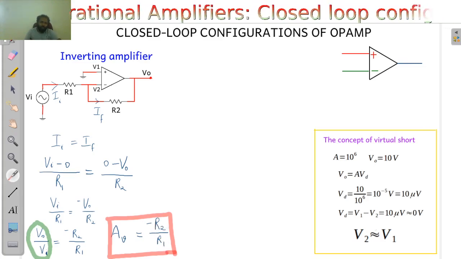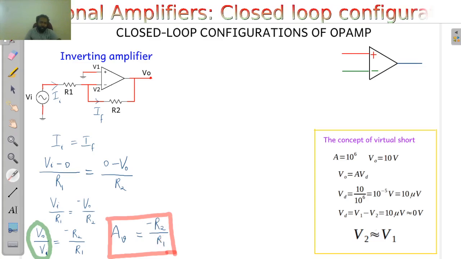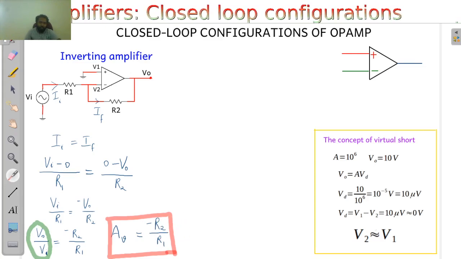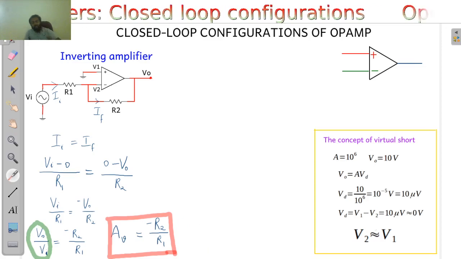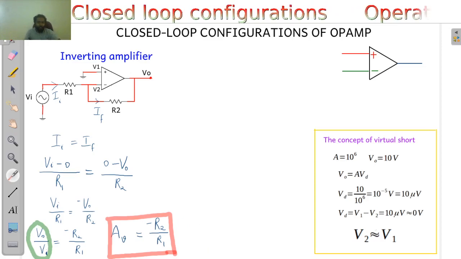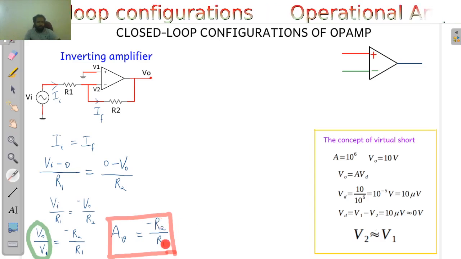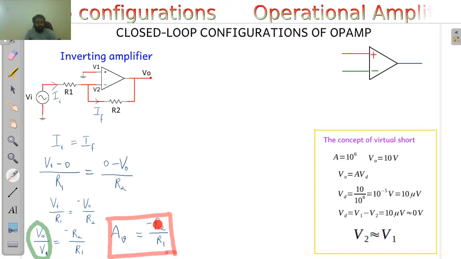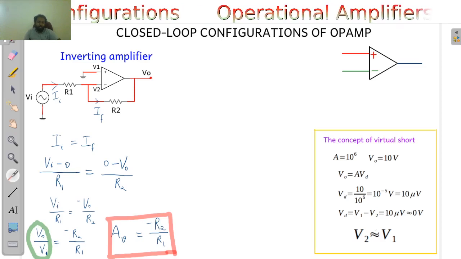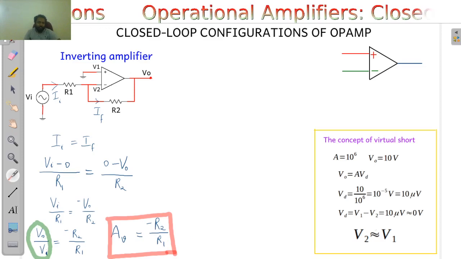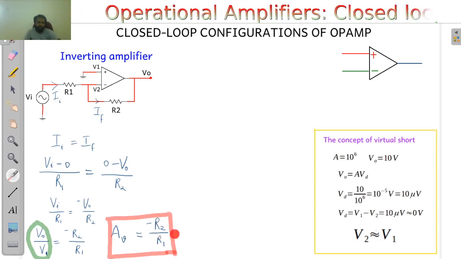So if I am taking R2 equal to 2 and R1 equal to 1, then my ratio will be minus 2 divided by 1, and that gives me a gain of minus 2. Okay. So that was with the 2 ohm resistance and 1 ohm resistance. Suppose if I am taking a 20 ohm resistance and 10 ohm resistance, I will get the same gain, that is minus 20 divided by 10.